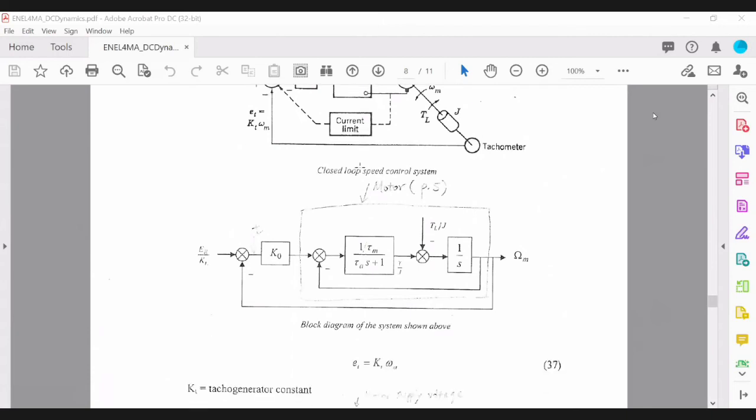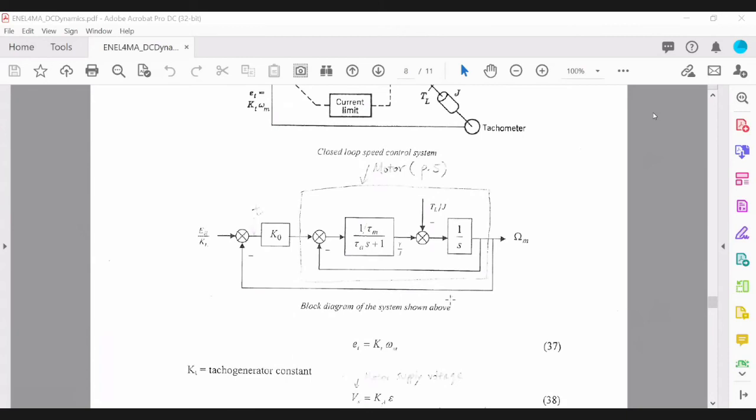So in block diagram form, this is what we basically have in this system. This is your motor transfer function, which we've used before, and this is the feedback part. You can see the speed is fed back with respect to the reference.